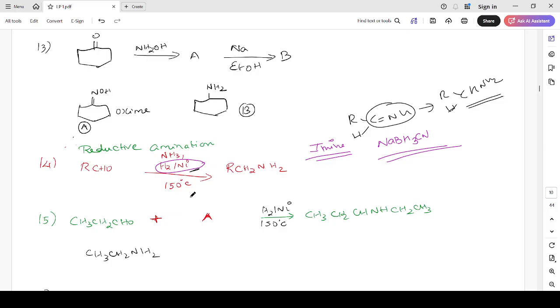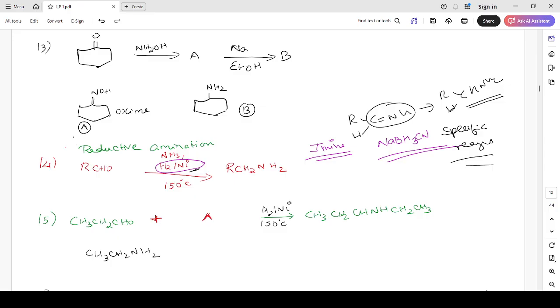Ma'am, can LiAlH4 also do this, ma'am? Yeah, it can also do it. I'm talking about a specific reagent. Just like diborane, we learned that carboxylic acid converts into alcohol.